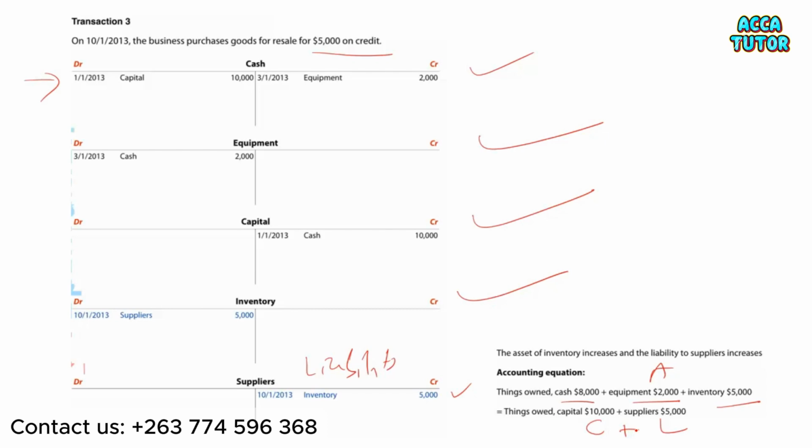The C was the capital of $10,000 plus the goods which were bought on credit. They created a payable, the suppliers of $5,000. So the accounting equation has then been fully represented in this case, because we now have got the assets, the capital, and the liabilities. So A is equal to C plus L.